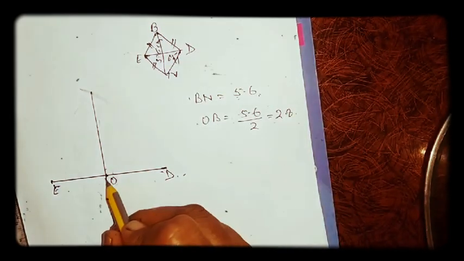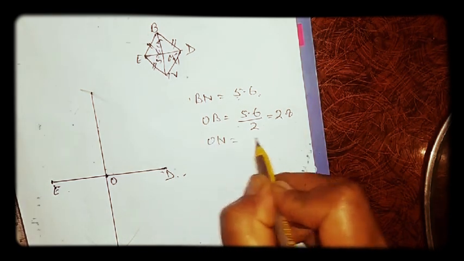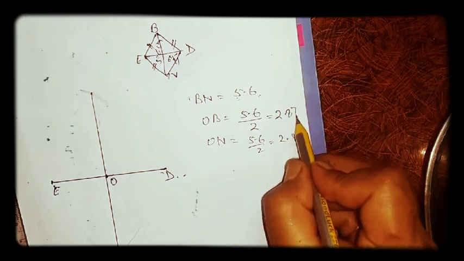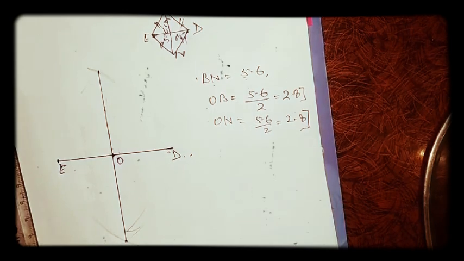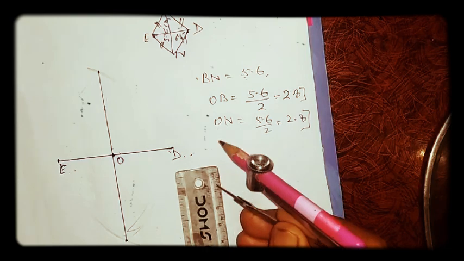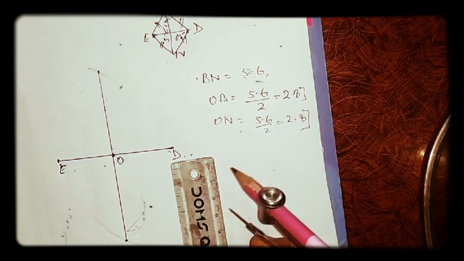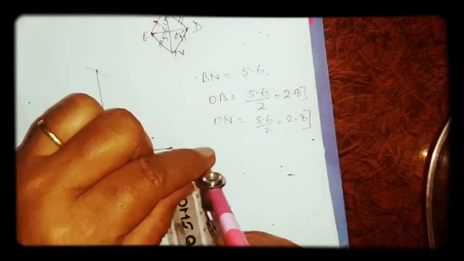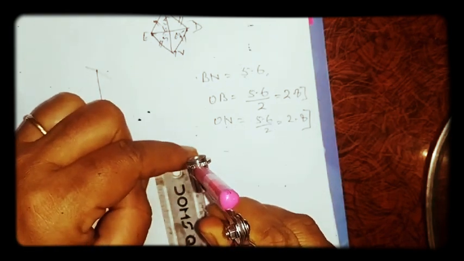OB 2.8 होगा और ON will be also 5.6 divided by 2, that will be 2.8 होगा. दोनों 2.8 सेंटीमीटर होंगे. ओके, नाउ यहाँ से 2.8 बिकॉज दैट वी हैव डन 2.8. देखो ये 1 सेंटीमीटर, दिस इज़ 2 सेंटीमीटर एंड दिस इज़ 2.5 और 2.5 से 3 लाइन्स मोर, तो दैट विल बी 2.8 हो गया. एंड वी विल लाइक दिस.